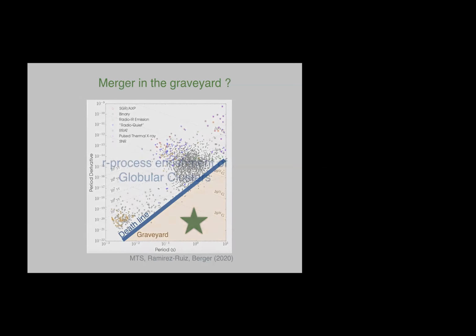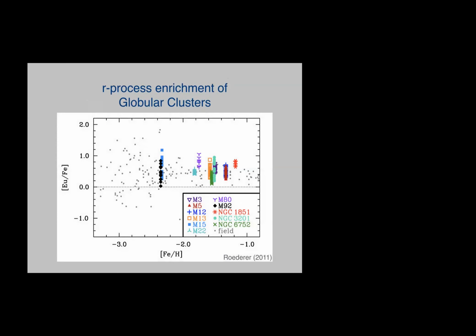I will just show you one slide for the case for globular clusters. Again, very strangely, we see globular clusters with a very narrow range in metallicity and wide dispersion in r-process. Here is the list of them.